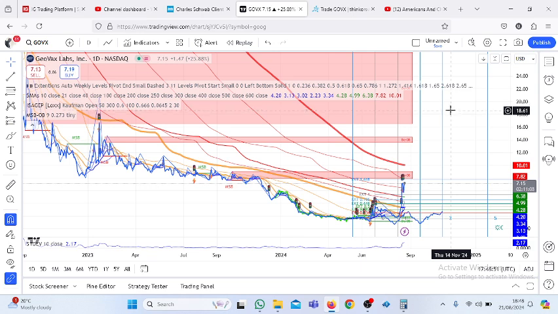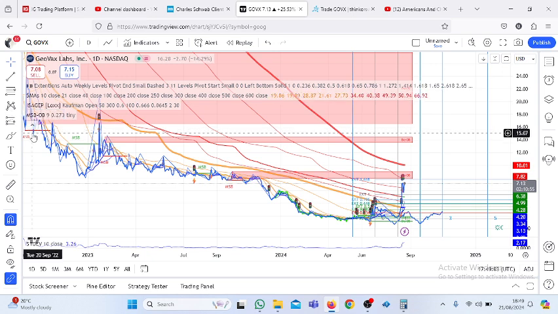This will take it all the way back to sometime in 2022. That was the last time it traded at such levels.